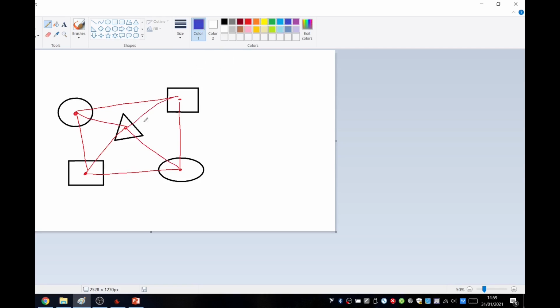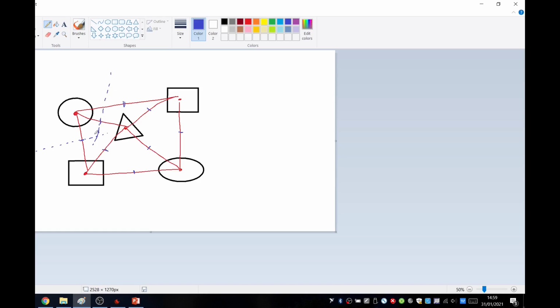We then bisect these lines. So we find the midpoint of all these lines, and we draw a line perpendicular through. It has to be perpendicular to this line here.